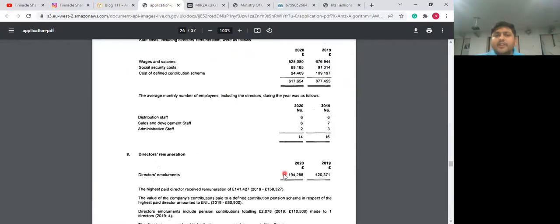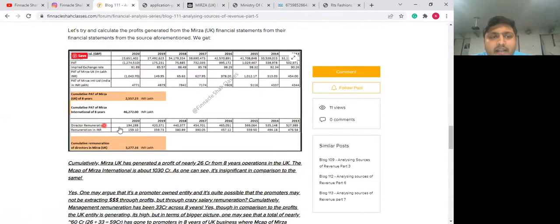So director remuneration in 2020 was 1,94,000 pounds. The same numbers which you can see, director remuneration 1,94,000 pounds. After converting it to INR, it's nearly 1.5 crores. And let's say over the 8 years, naturally the promoters would have made a significant amount of salaries.